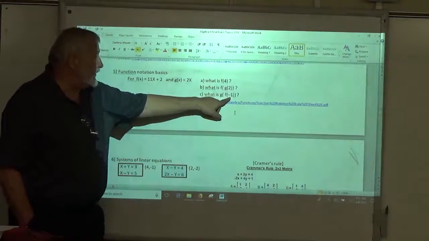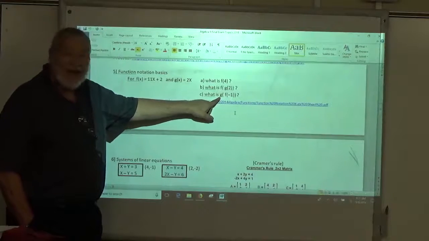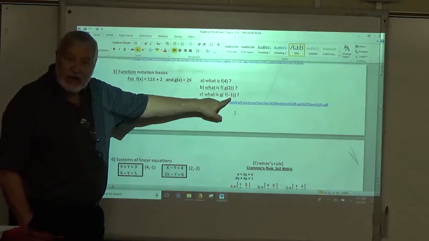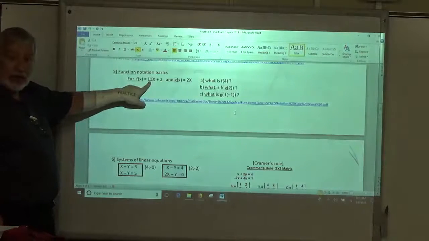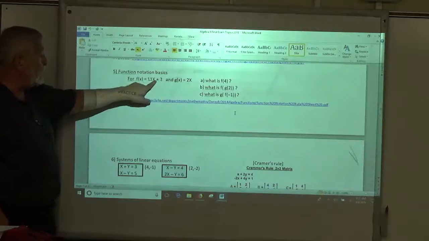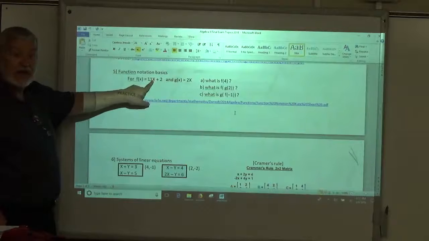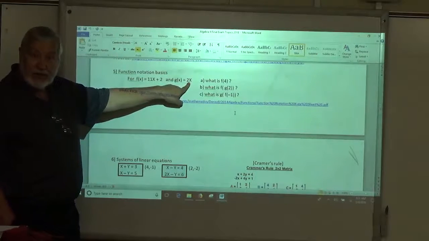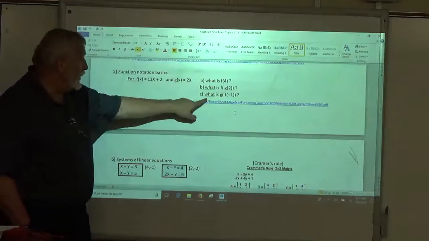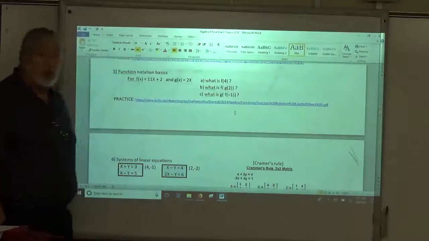Okay, what does this say to do? Replace the x in g with f of negative 1. So what is f of negative 1? This negative 11 plus 2, which is negative 9. And then I put a negative 9 in here. Negative 18. So g of f of negative 1 would be that.